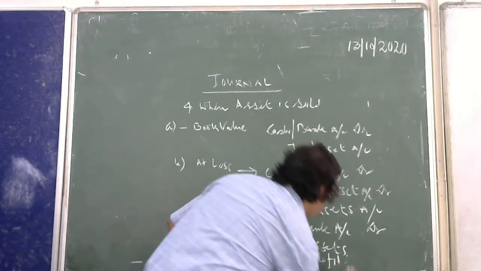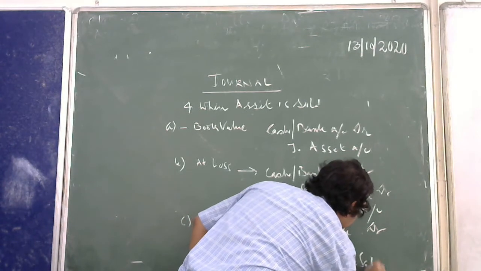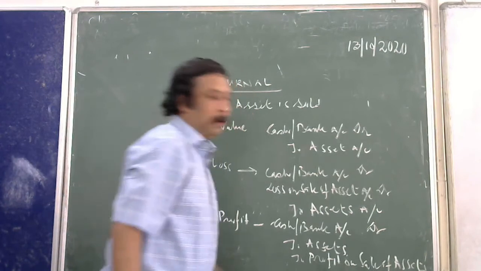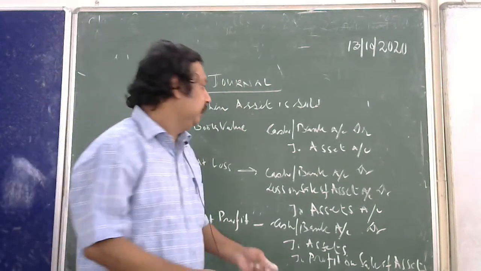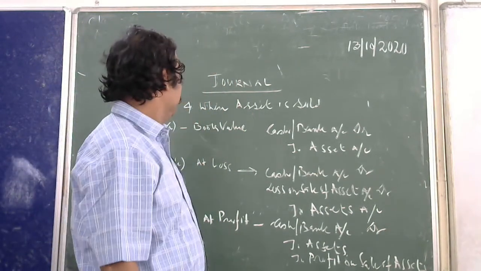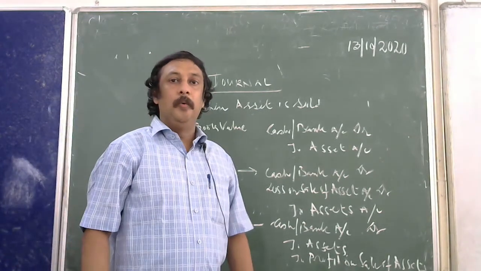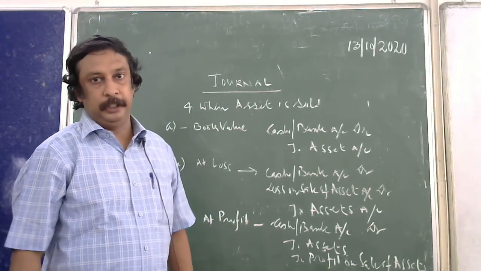This profit on sale of assets may be transferred to the capital reserve also. So these are the journal entries relating to depreciation.